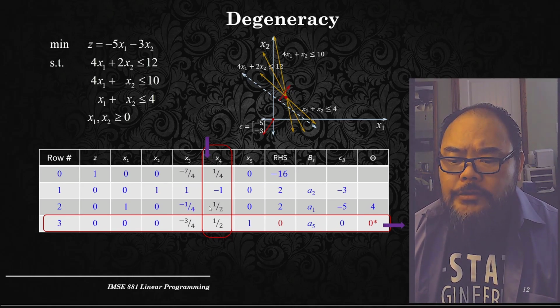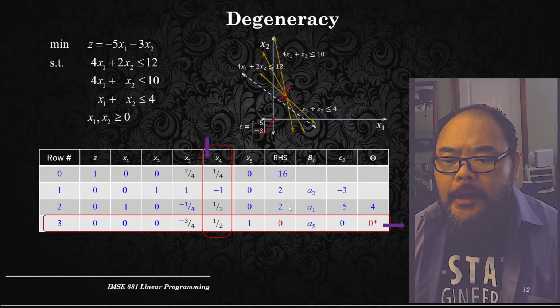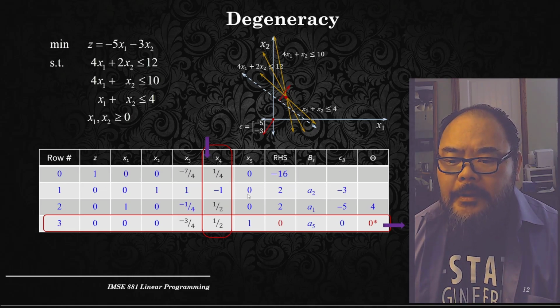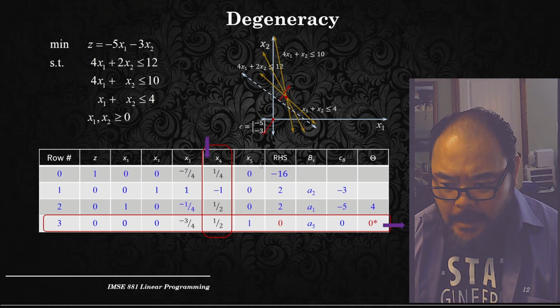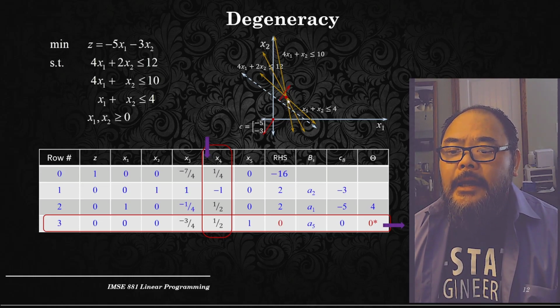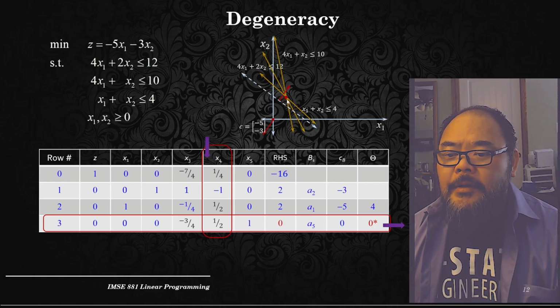So x4 enters and x5 leaves, but in the next tableau, x4 still takes a value of 0, because x4 can only take a value of 0 instead of a positive number. The only thing that happens is x5 will be out of the basis. So it basically means we stay on this same extreme point over and over again.